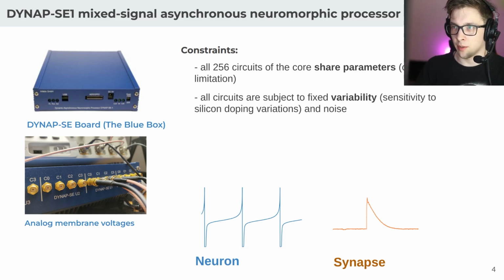And all of the circuits of the chip are subject to variability or mismatch, which is caused by the sensitivity of the subthreshold circuits to silicon doping variations. The imperfections in manufacturing the chips lead to heterogeneity in the behavior of individual circuit parameters, and their overall behavior varies by up to 10 to 15%, which means that all of the architectures implemented on the chip have to have these constraints in mind.